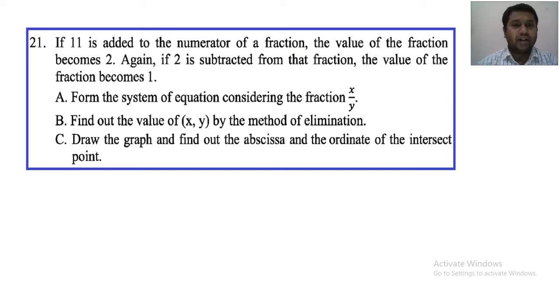So we have to learn both methods very clearly and practice them so that we can answer the question in our examination. Question C tells us to draw the graph and find the abscissa and the ordinate of the intersection point. So this is a CQ, and you may get this type of question in your JSC examination. So how are we going to solve it?